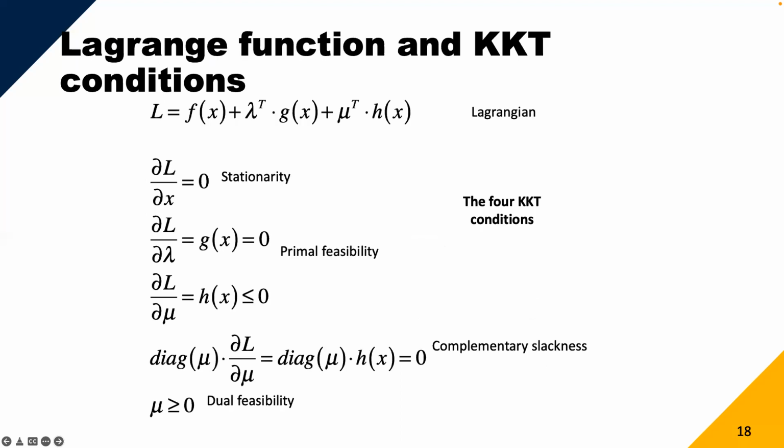Lambda actually represents some kind of marginal value, but it's essentially just a variable that allows you to combine your constraints into your Lagrangian function.